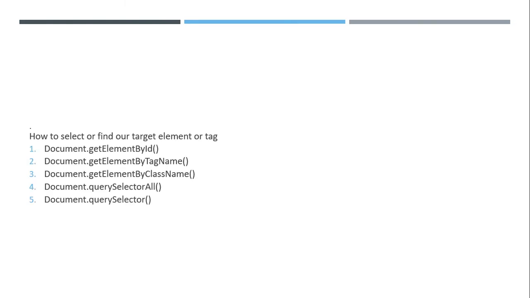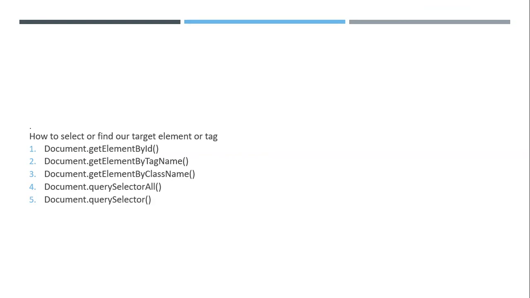The other important concept to understand is working with an HTML element, tag or attribute. We need to select elements in a certain way using a syntax. For example, we have document get element by ID.